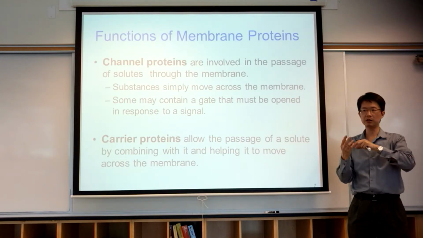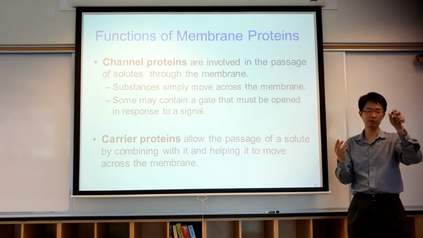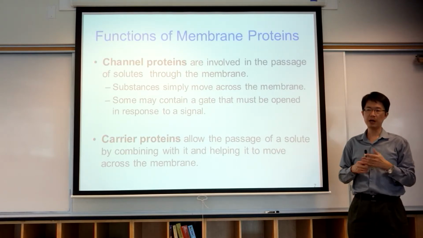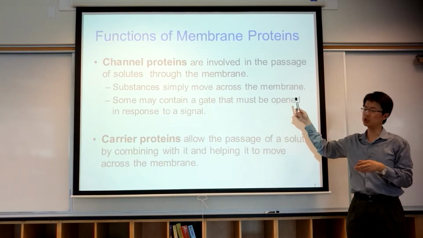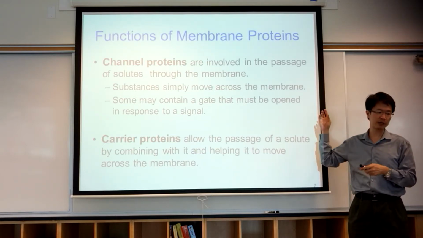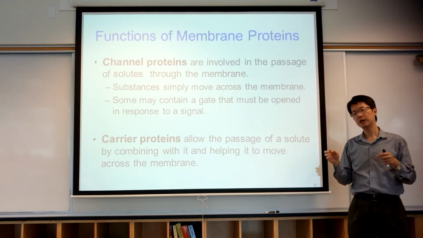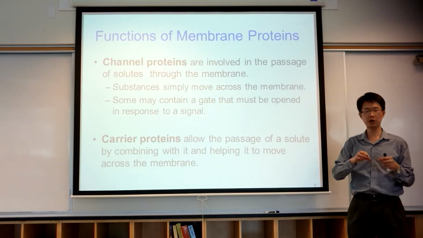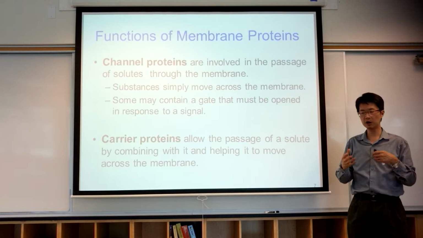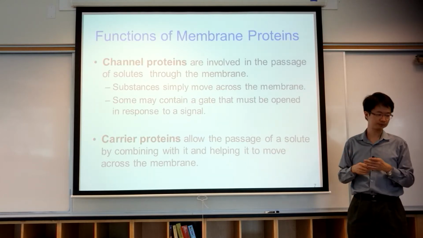The charged ion cannot go through the non-polar tail. In this case, we have this protein channel that goes through the cell membrane. It is part of the integral protein, so that the ion can go through it. We call it a channel protein, to avoid the hydrophobic tail.